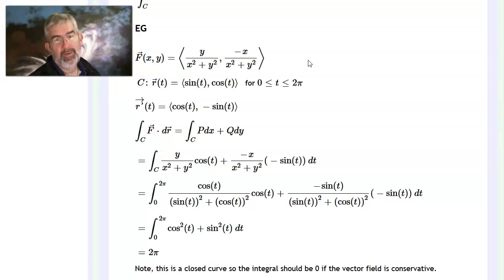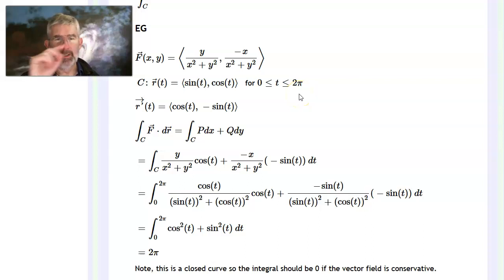This is one of the reasons why it doesn't apply. What I'm going to do is show it's not conservative by doing a line integral along a closed curve, which should be 0 if it is conservative, but it's not going to be 0. The closed curve that I'm going to use is a circle, parameterized as sine t comma cos t for t equals 0 to 2 pi.